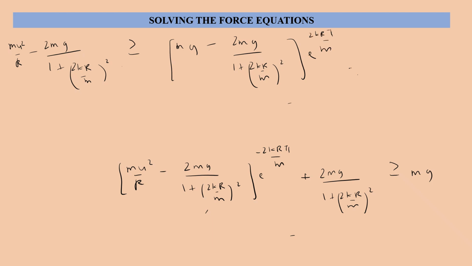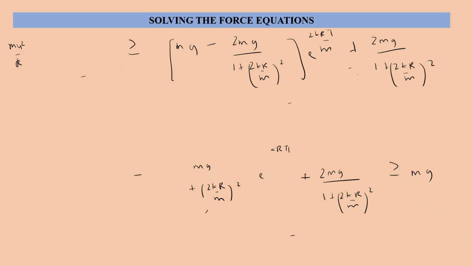If I take this term there, it will be 2mg over 1 plus 2kr upon m whole square. And now I'll simply divide both sides by r over m and then take the square root. I'll then get my minimum value of u.